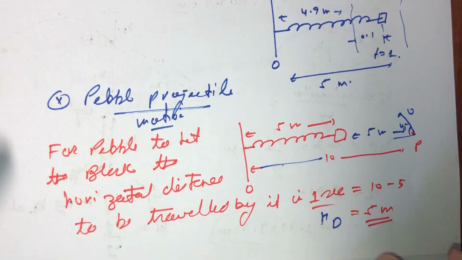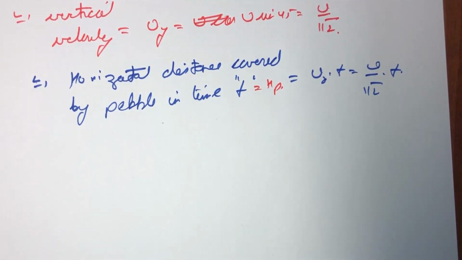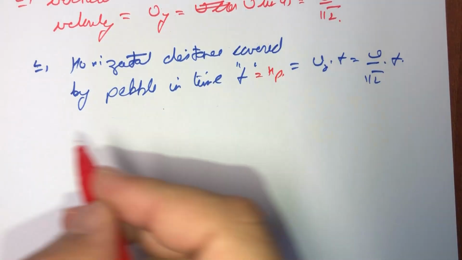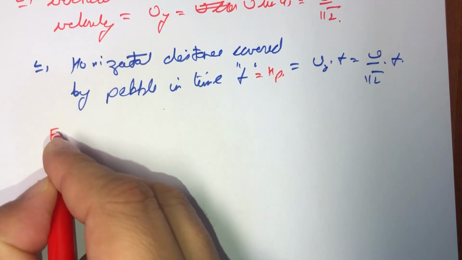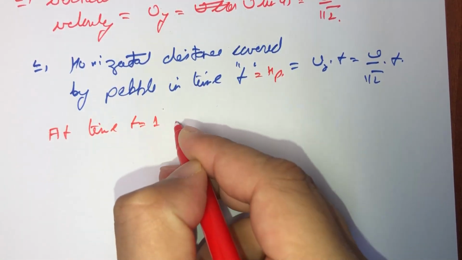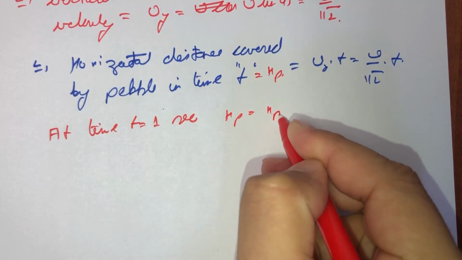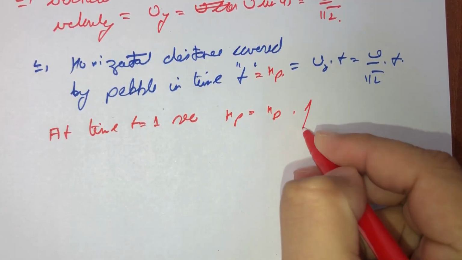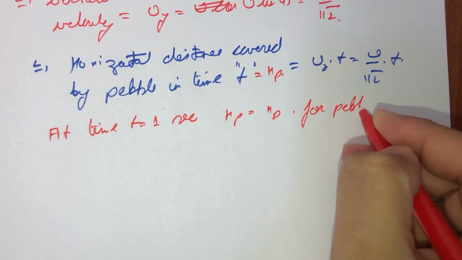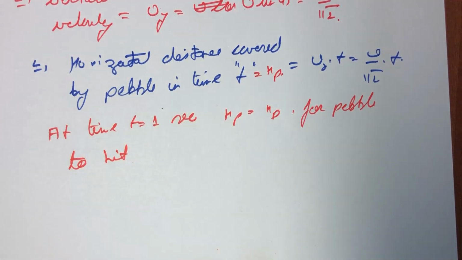So we can say that at time t is equal to 1 second, HP should be equal to HD for the pebble to hit the block.